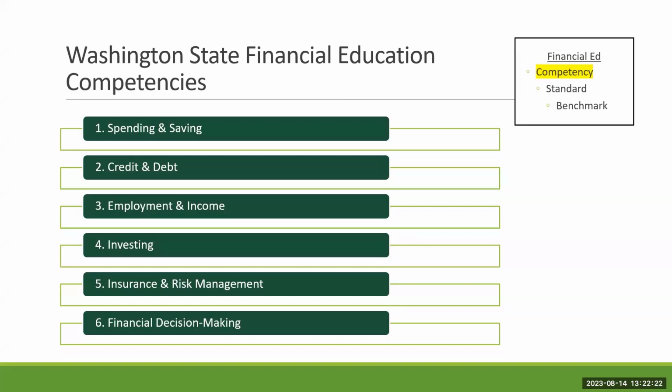So we have spending and saving, credit and debt, employment and income, investing, insurance and risk management, and financial decision-making as our competencies. I like to say these are the answers to the Jeopardy category, things you wish you learned in high school, because financial decision-making would have been amazing for me.